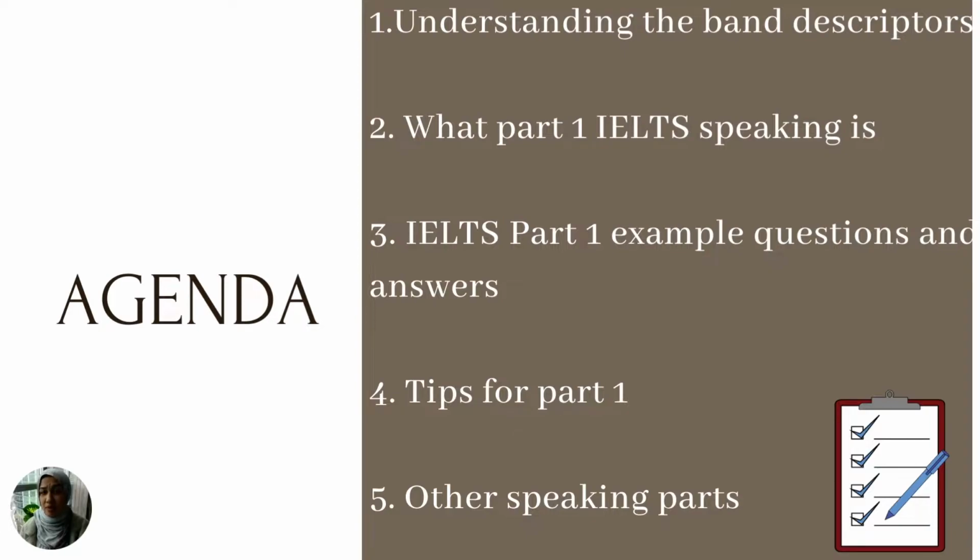Then I will give you some example questions and answers that you may see in the IELTS Speaking Part 1 and some of the top tips that I give to my students for this particular section.